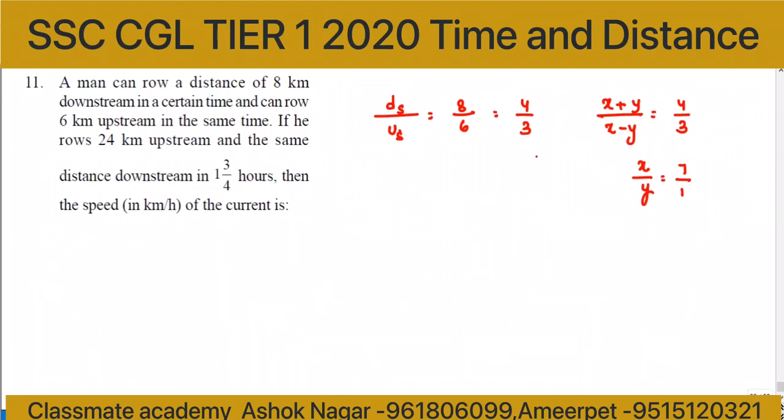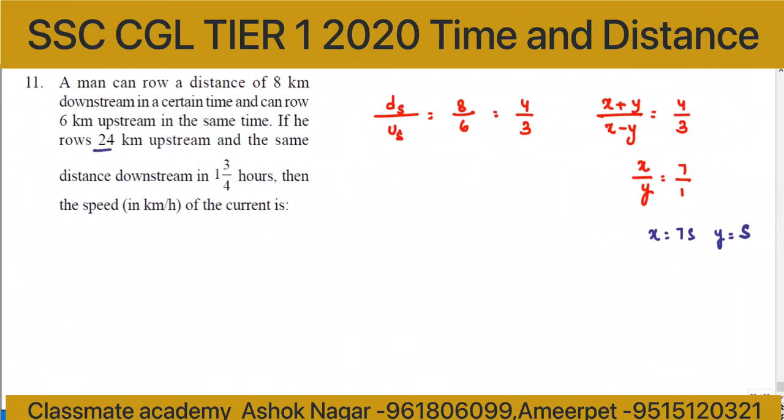Now he's asking you, if he rows 24 kilometers upstream and the same distance downstream in 1 3/4 hours, then what is the speed of the current? Speed of the current is y, right? Okay. Assume x is equal to 7s. Then y is simply s.